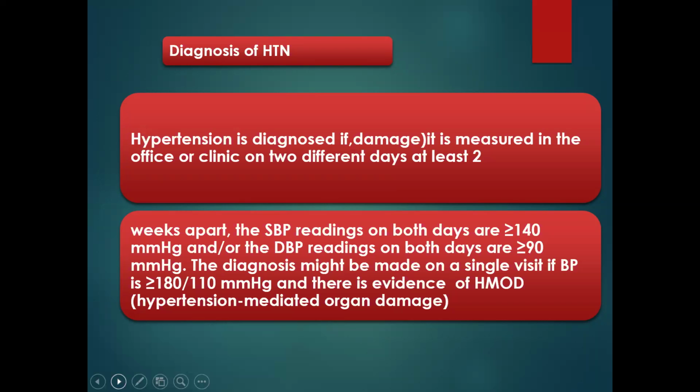The diagnosis might also be made on a single visit if blood pressure reads above 180 over 110 millimeter mercury, or there is evidence of hypertension mediated organ damage. This is more for physicians to determine.